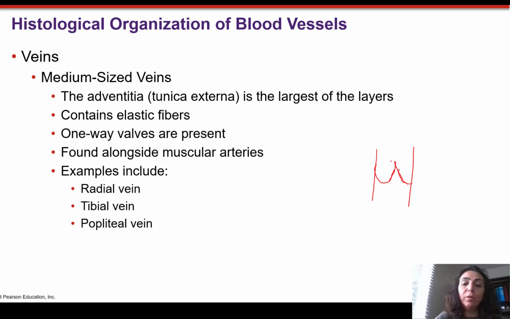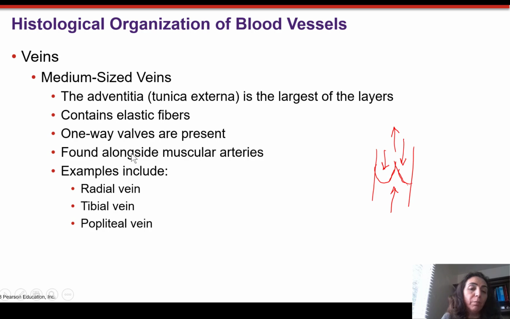So when the blood passes through, gets here, and then after it gets there, if the blood wants to go back, it pushes these valves and closes them. The blood cannot pass beyond these and get back downward. So that's the reason for having these one-way valves.